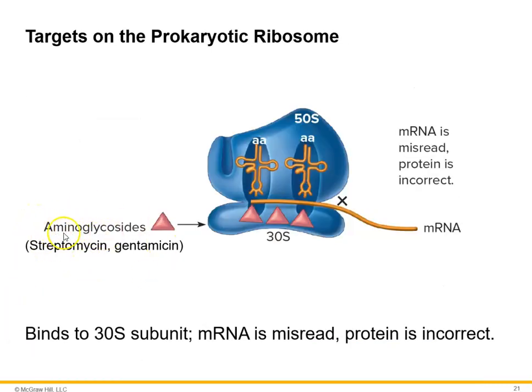For example, we've got the aminoglycosides. This would be something like streptomycin or gentamicin, and they attach to the small subunit, the 30S subunit of the bacterial ribosome. What this does is cause the mRNA molecule to be read incorrectly, and the incorrect protein is made, or it stops being made altogether.